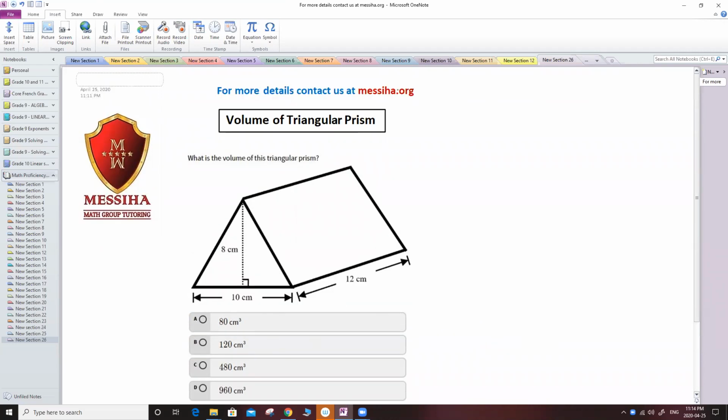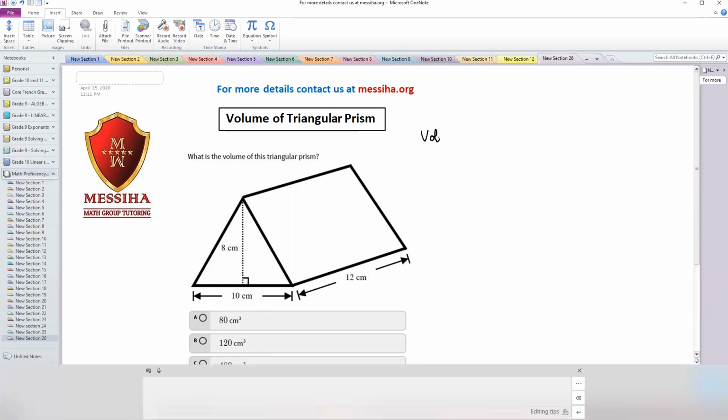So the best thing that I encourage you to do is to memorize the general formula. The volume of any prism. I'm not going to say only for triangular or rectangular or pentagonal, I'm going to say the volume of any prism.